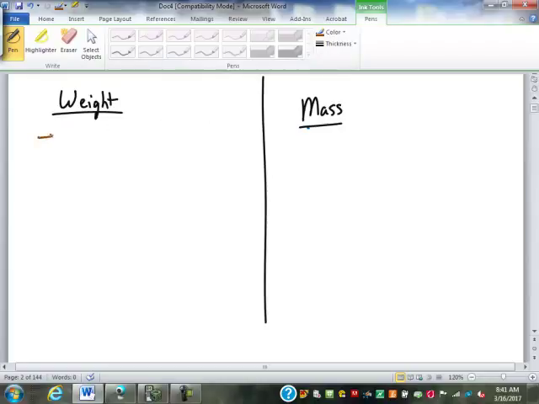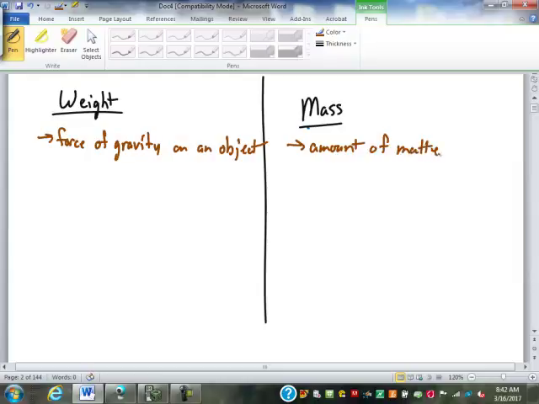But weight is actually the measurement of the force of gravity on an object. Mass is the measure of the amount of matter in an object.